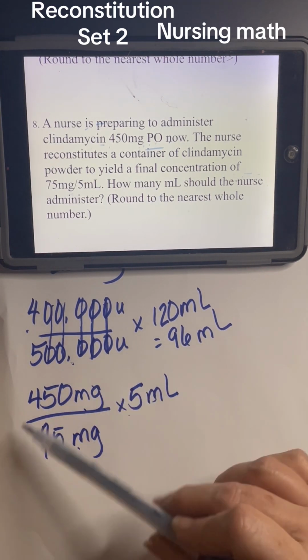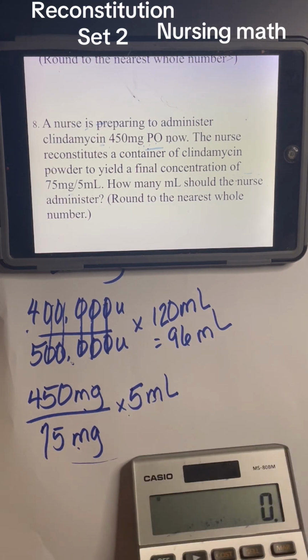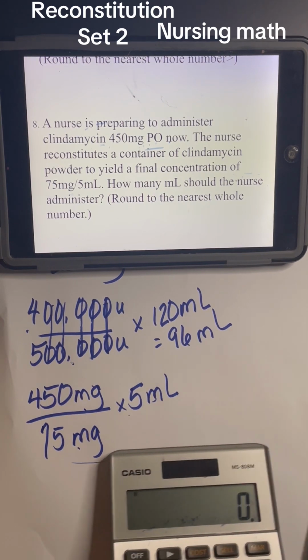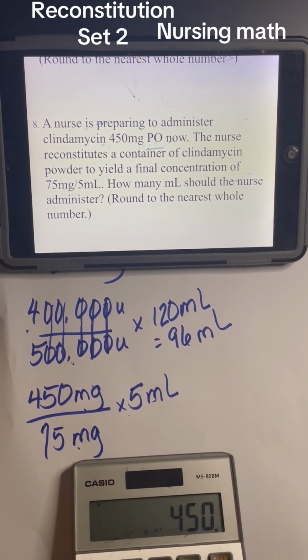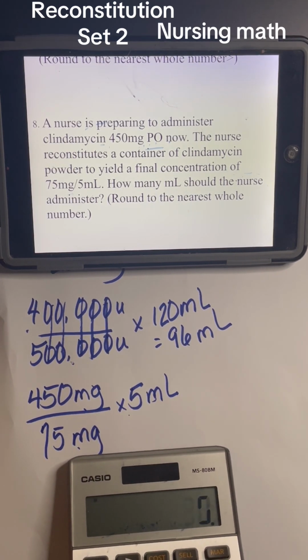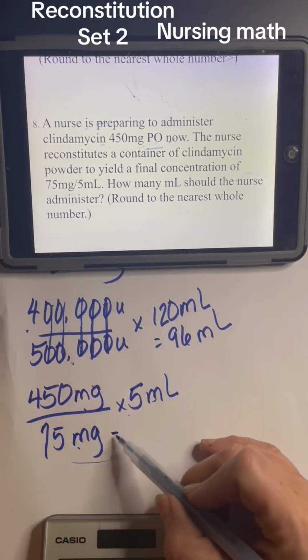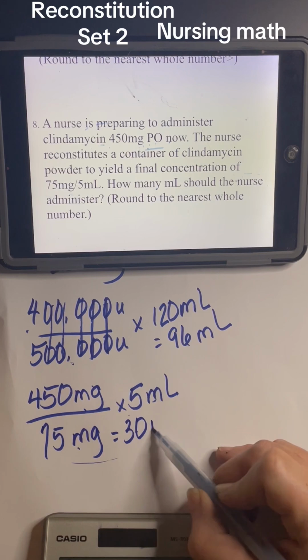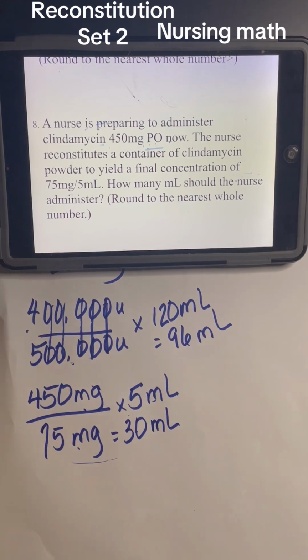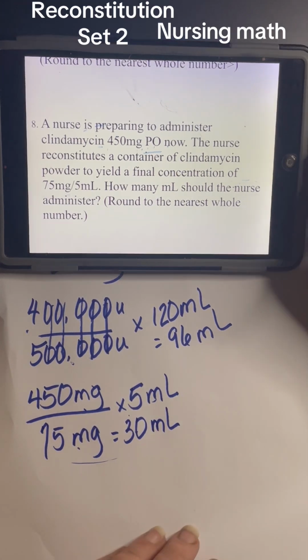If she wants to see your work, tell her get over here and put your glasses on, Ethel, and look. Because I showed it. 450 divided by 75 equals times 5 equals. And so you will give them 30 milliliters. Okay? I believe you get it.